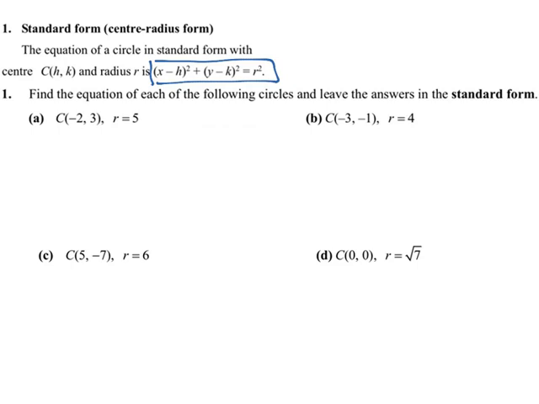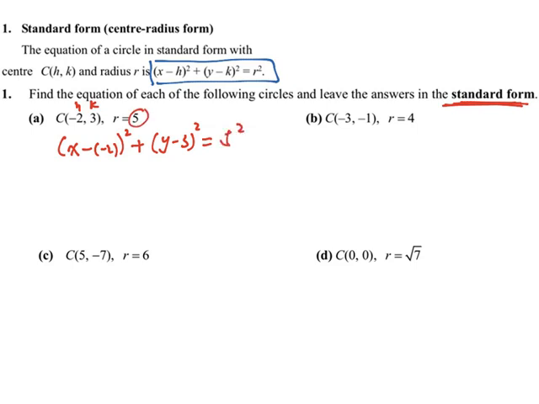So let's do question 1a. For example, put the circle in standard form. The center (h, k) is (-2, 3), and the radius is 5. So just like this one: (x minus (-2)) squared plus (y minus 3) squared equals the radius r squared, 5 squared.